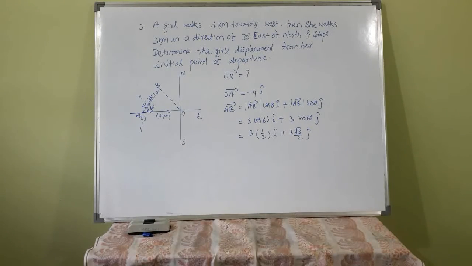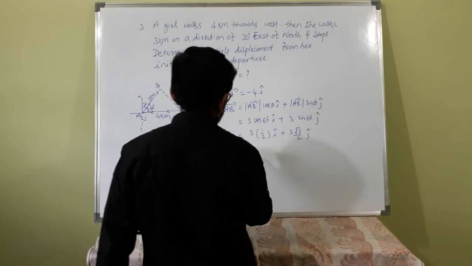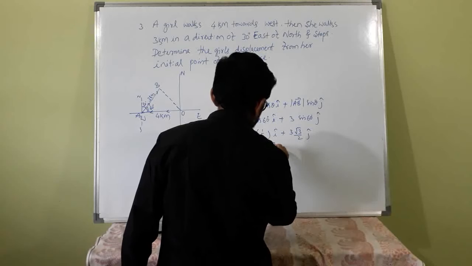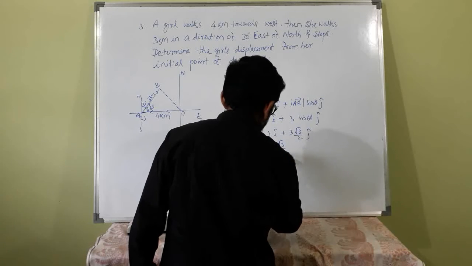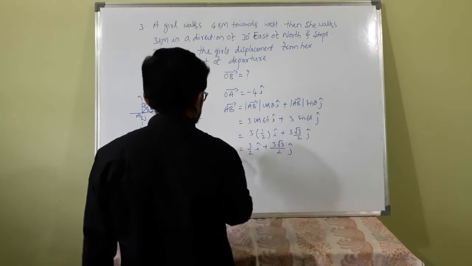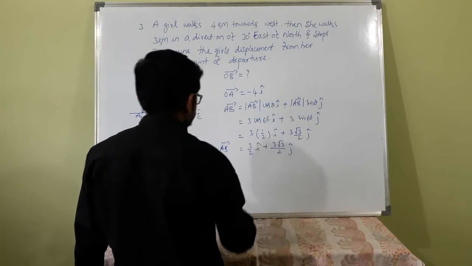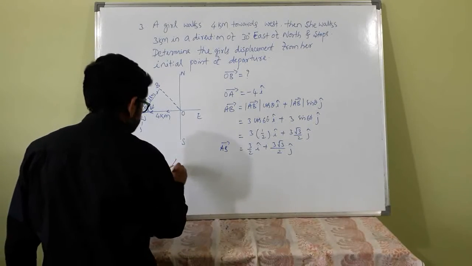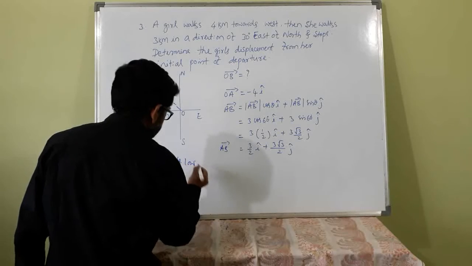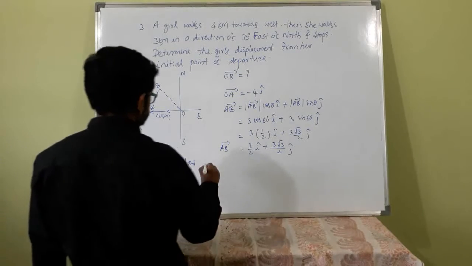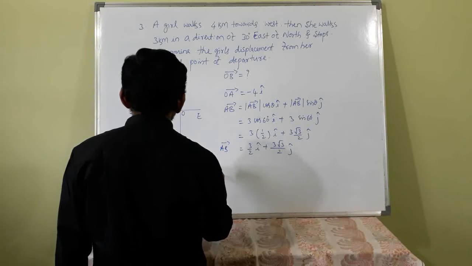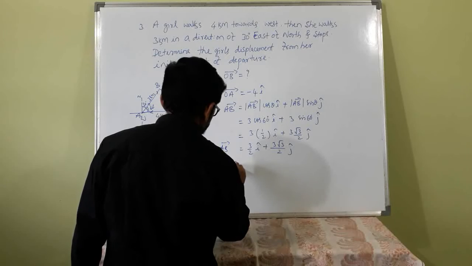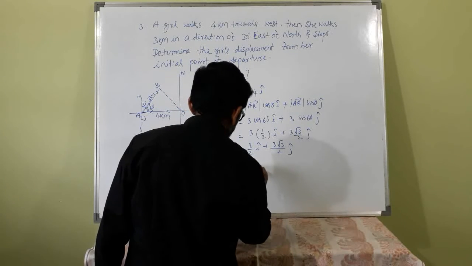So 3 by 2 i cap plus 3 root 3 by 2 j cap. This is AB vector. Now OB is required from triangle law of vector addition. What is that? OA plus AB is equal to OB.